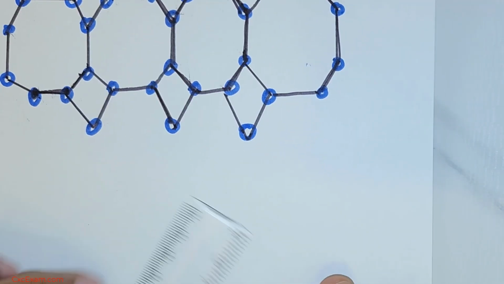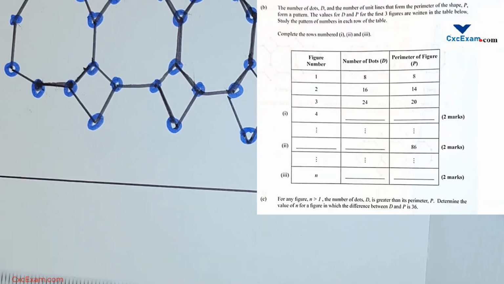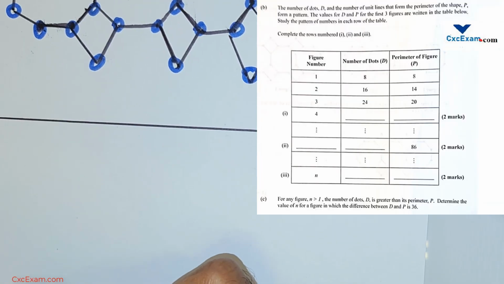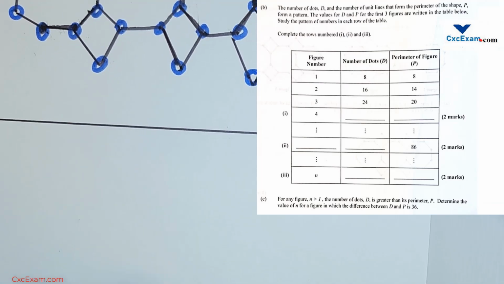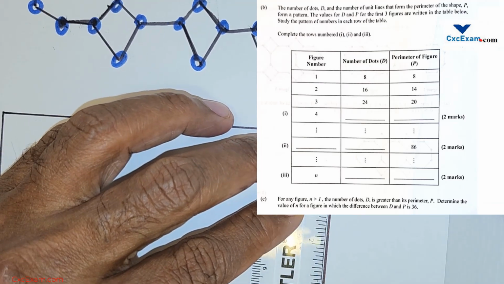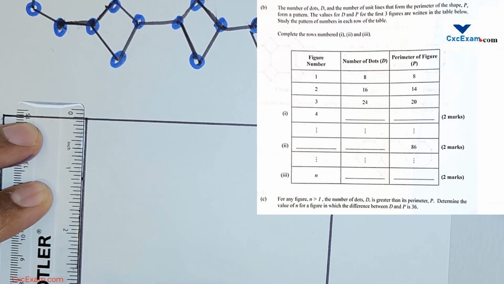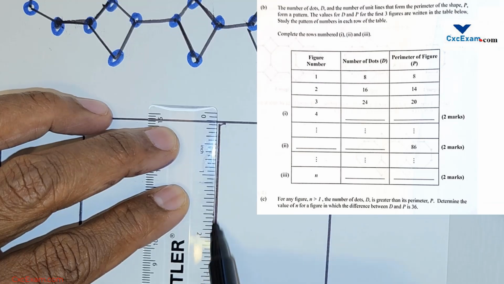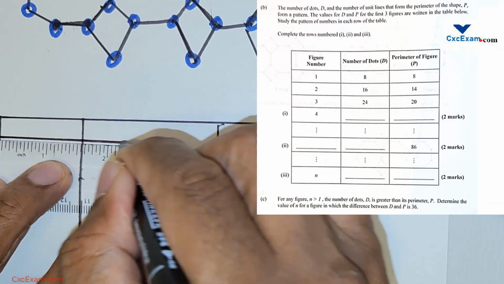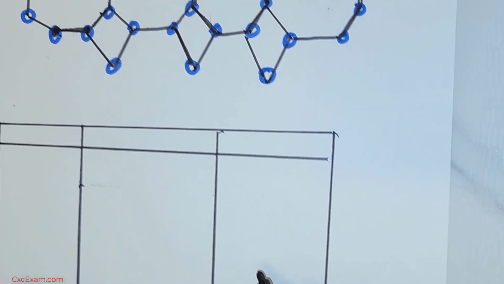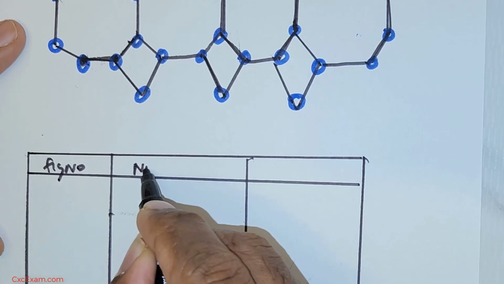Now this is the next question, we are expected to complete the table. So this is the figure number and number of dots.